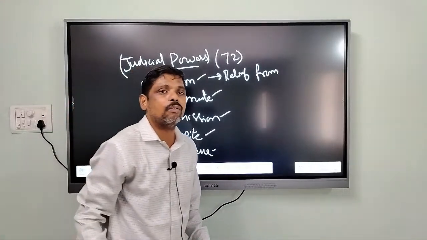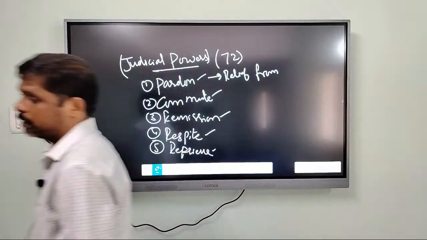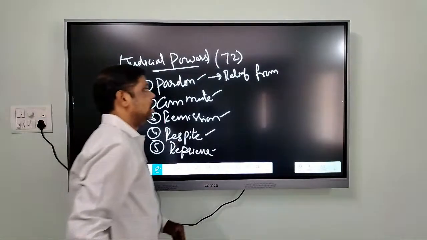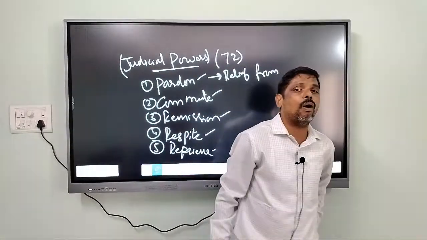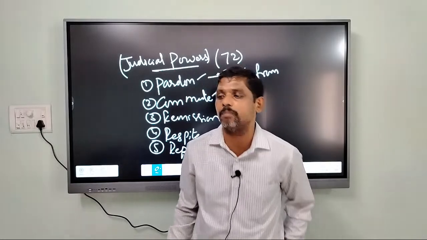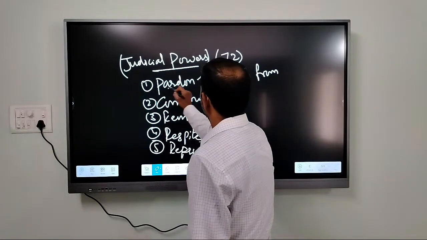So it involves absolving all the forms of punishment. That is what pardon means. Pardon denotes relief from all the forms of punishment. Telugulo cheppalante kshama bhiksha, kshaminchadam. So relief from all the forms of punishment, that is pardon.